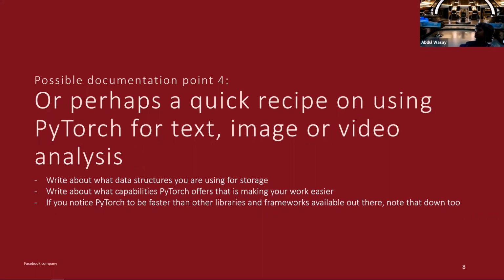I'm not sure if Scikit has, I think Scikit also has a neural network library. I think I used one. I'm not sure it belonged to Scikit or someone else. But for example, if you build a neural network in Scikit for the same task, you build a neural network in PyTorch, you might notice that PyTorch is a little bit faster. Okay, which I think will be the case.